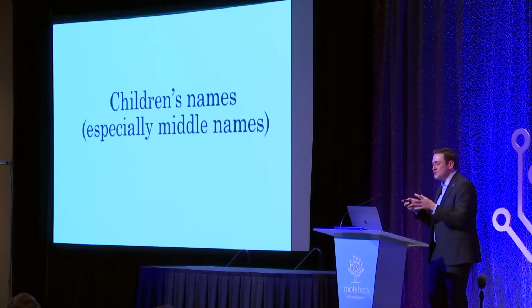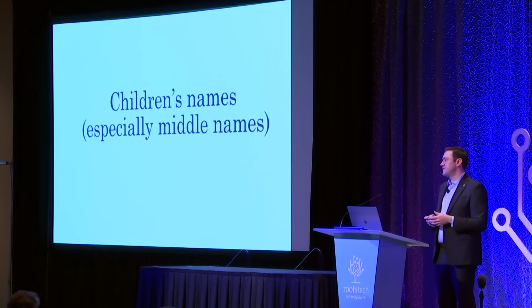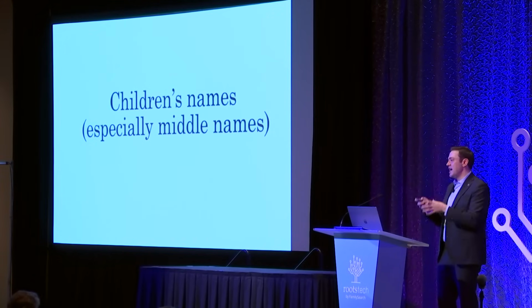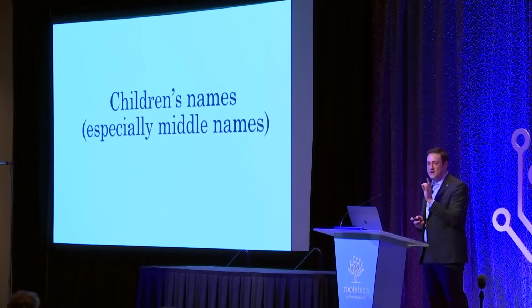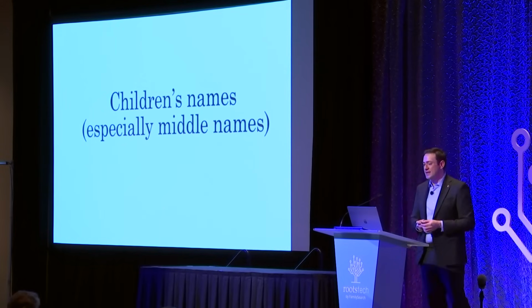Look at their children's names specifically, and especially those middle names, as you tell individuals apart. Who do they name their first son or their first daughter after? Knowing these characteristics, other than that individual ancestor's name, is critical and important in this process.